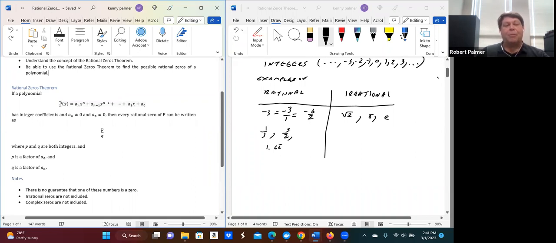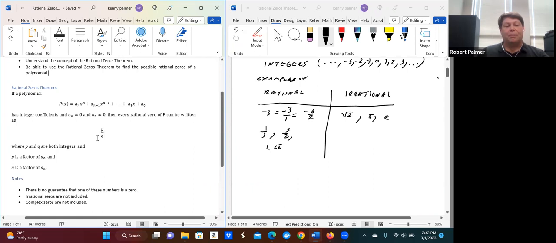Now if you have a polynomial written this way, here's the key: integer coefficients. So these numbers in front, these coefficients, are integers. In this case they can't be rational numbers like 1/3 or 5 halves, or irrational numbers or anything like that. Then every rational zero of this polynomial can be written as a rational number P over Q, where P and Q are both integers.